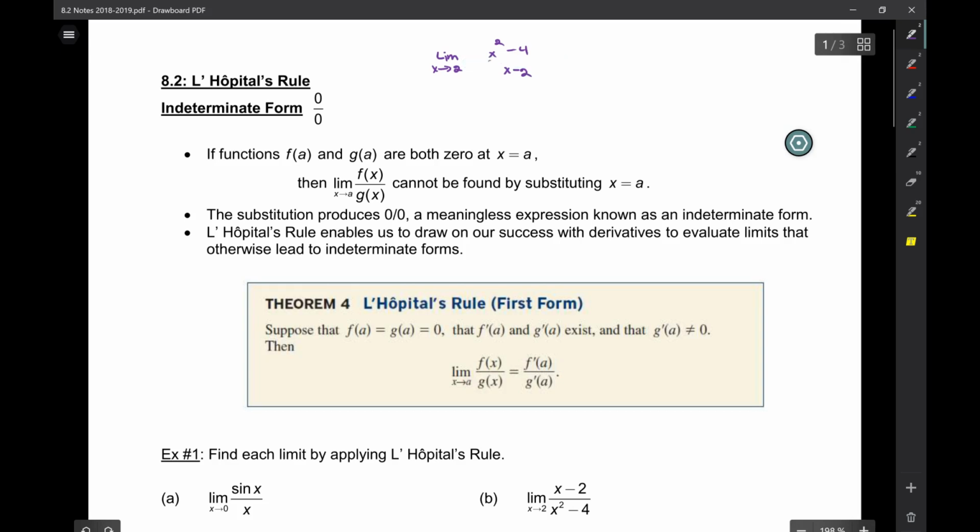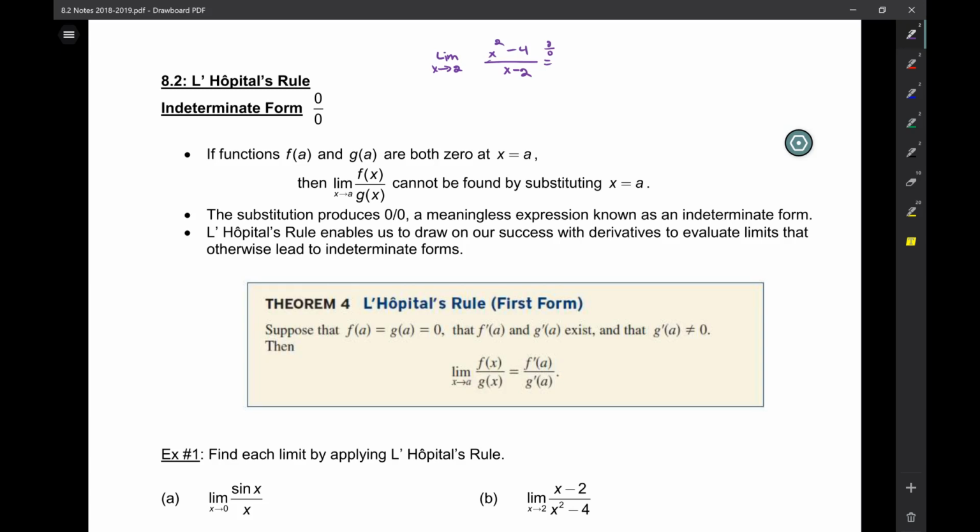When you put 2 in there, what do you get? 0 over 0. Well, it's not undefined, it's indeterminate. And remember we said when you get 0 over 0, we call it indeterminate form, which means it could be undefined, it could be DNE, or it could be defined and you get an actual value.